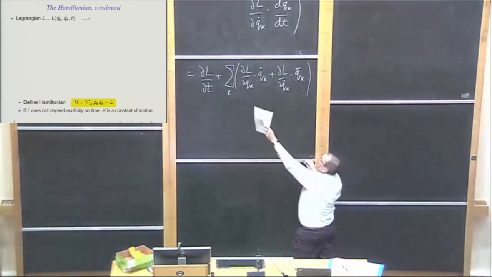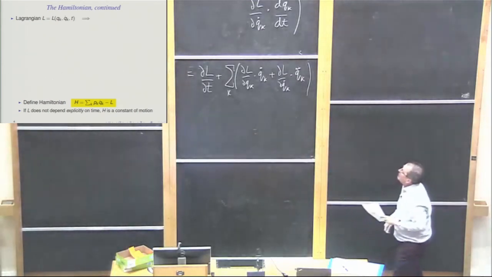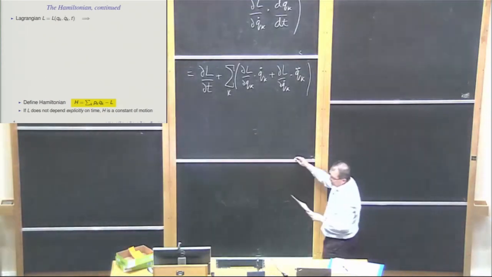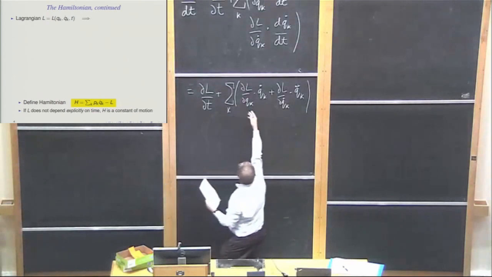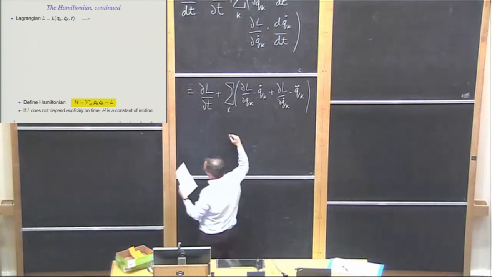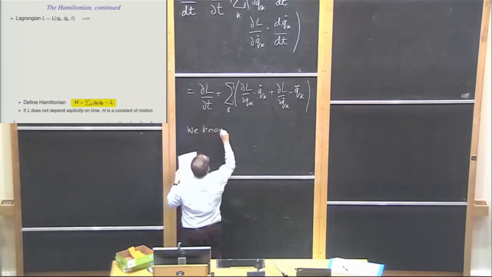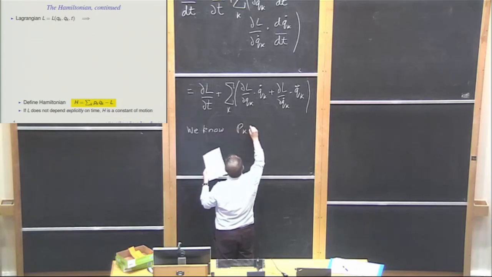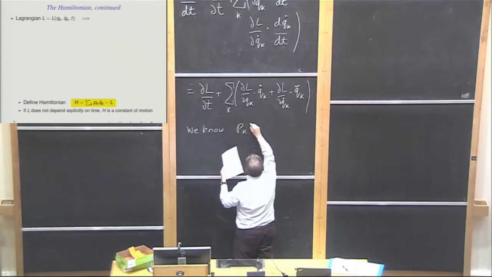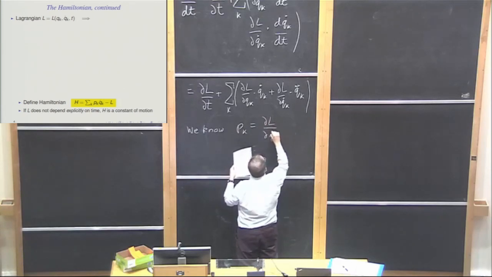However, we know something about this and this, because we've been manipulating these expressions in the Lagrangian expression. We've been manipulating these when we've been playing with Euler-Lagrange. So we know, for example, that p_k, the generalized, the conjugate momentum, is no more than ∂L by ∂q_k dot.